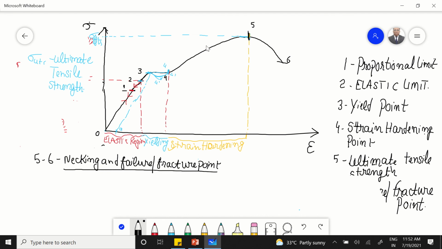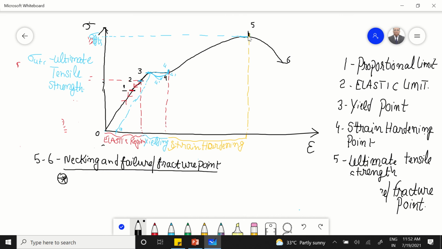Now if you further increase the load, what is going to happen? The specimen will elongate, but you will observe a sharp reduction in the cross-sectional area of the specimen in this region.